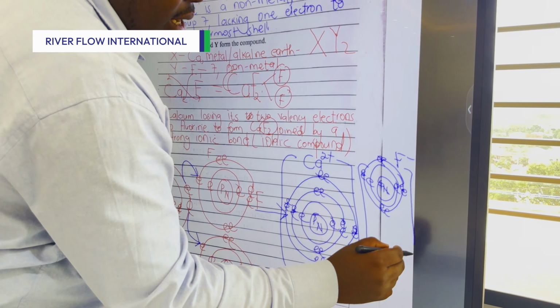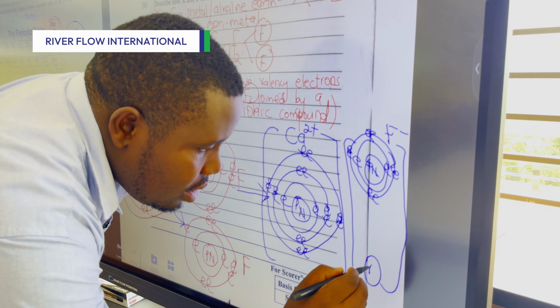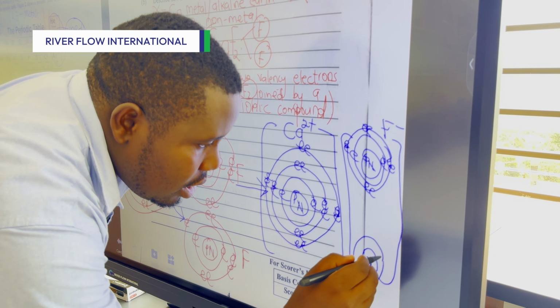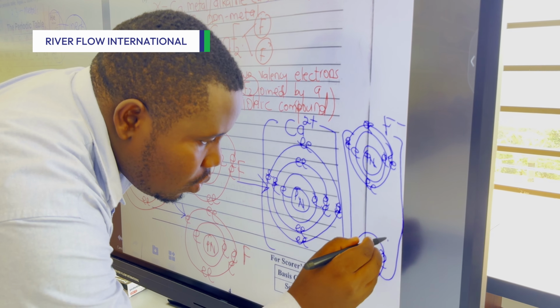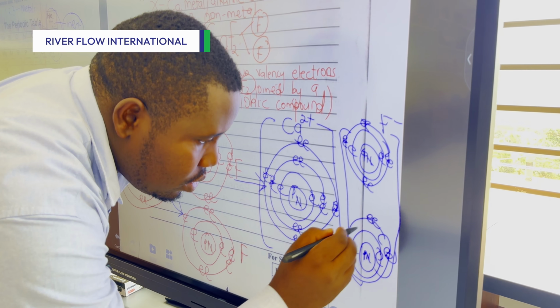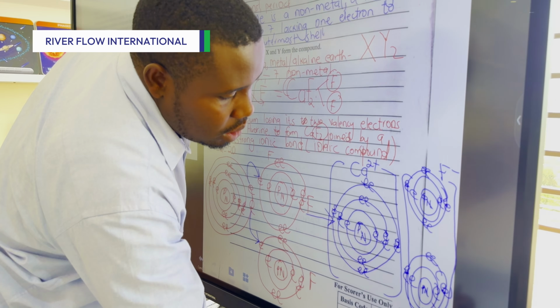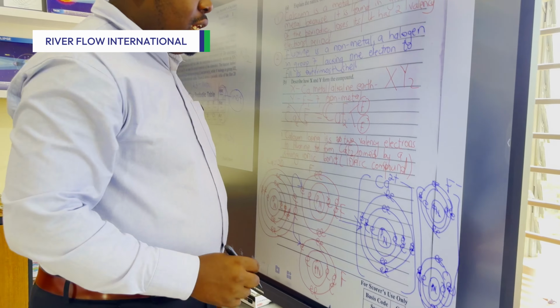Okay? Then also here I'm going to have another one, protons and neutrons. Then I'm having this one. So this one is also going to be another fluoride ion.